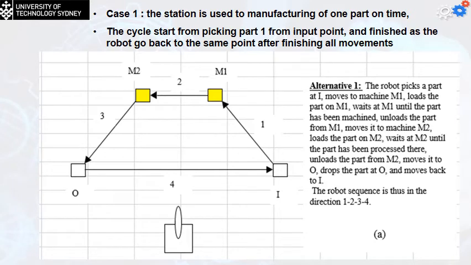So in case number 1, the station is going to be manufacturing just one part at a time. The cycle starts from picking the part at the input point. So we pick up part number 1, travel from the input to machine number 1, put down the part at machine number 1, and start the processing.